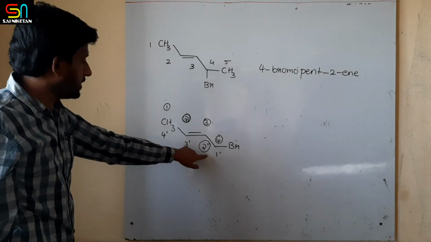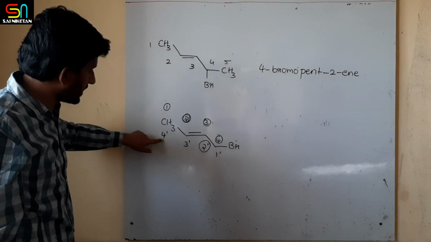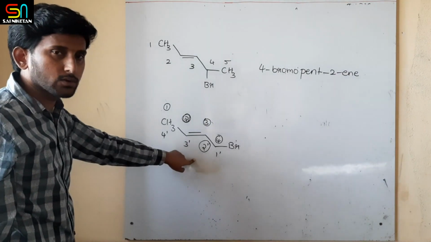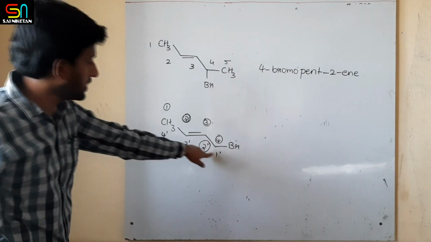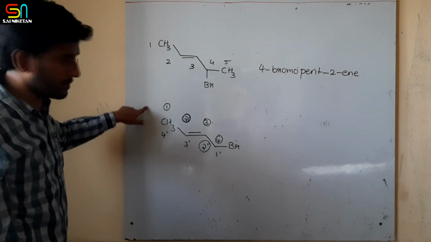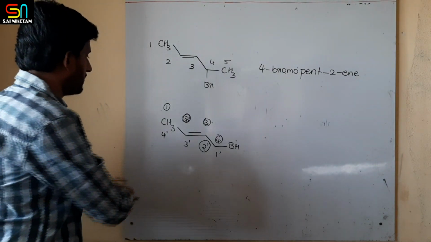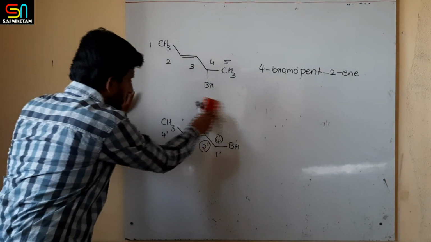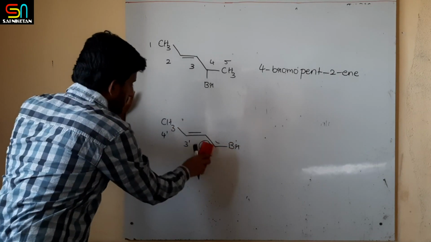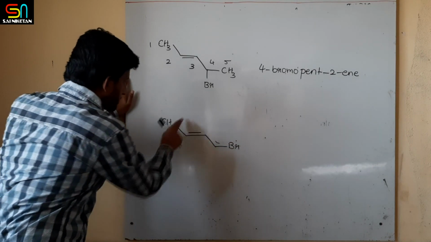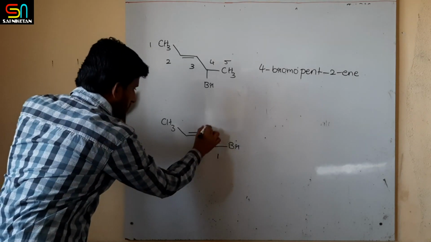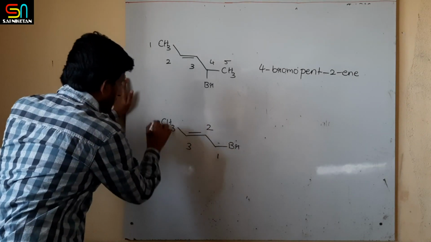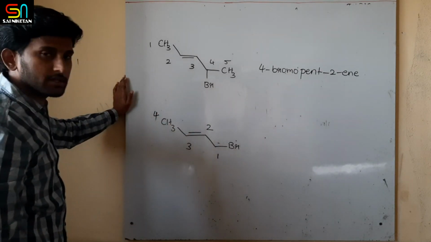That means I will also follow the least sum rule. So which way of numbering is correct? From downside to upside, like this. So I will write the numbers clearly. Here this is the first carbon, this is the second carbon, this is the third carbon, and this is the fourth carbon.